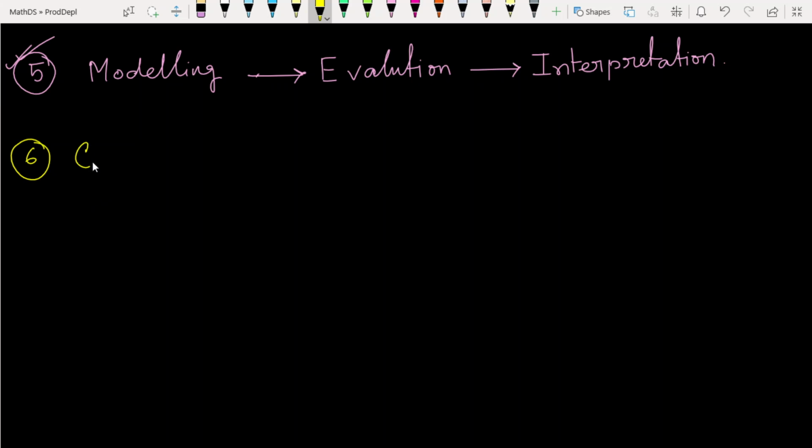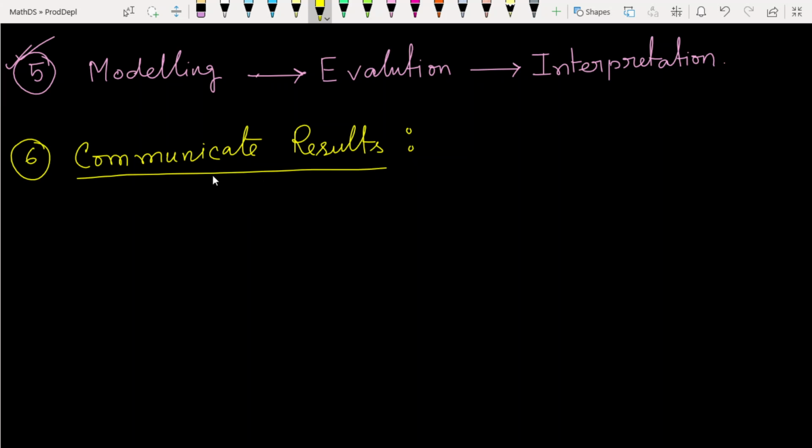What results we acquired, what results we got, these kinds of things we have to communicate. And we always have to keep in mind that our result must be clear and simple.